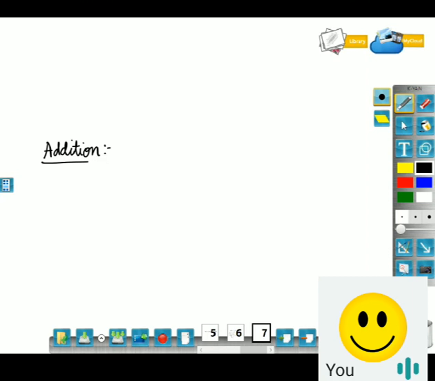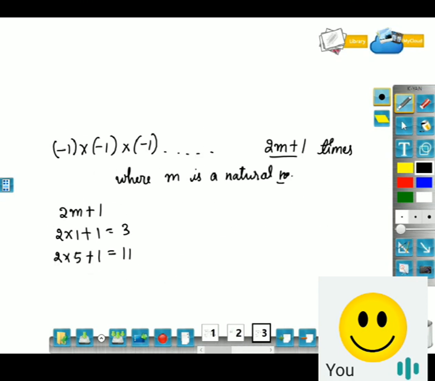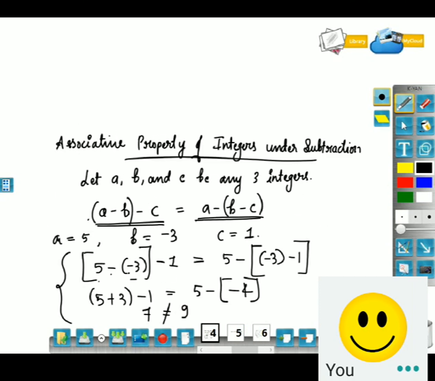And just now we checked associative property, and obviously integers are not associative. Here also we found that LHS and RHS give different answers. That's why integers are not associative under subtraction.